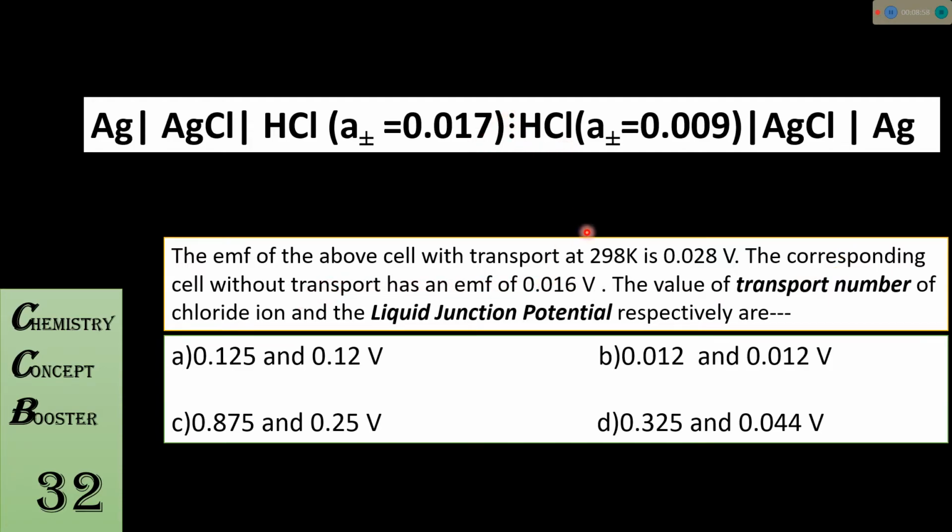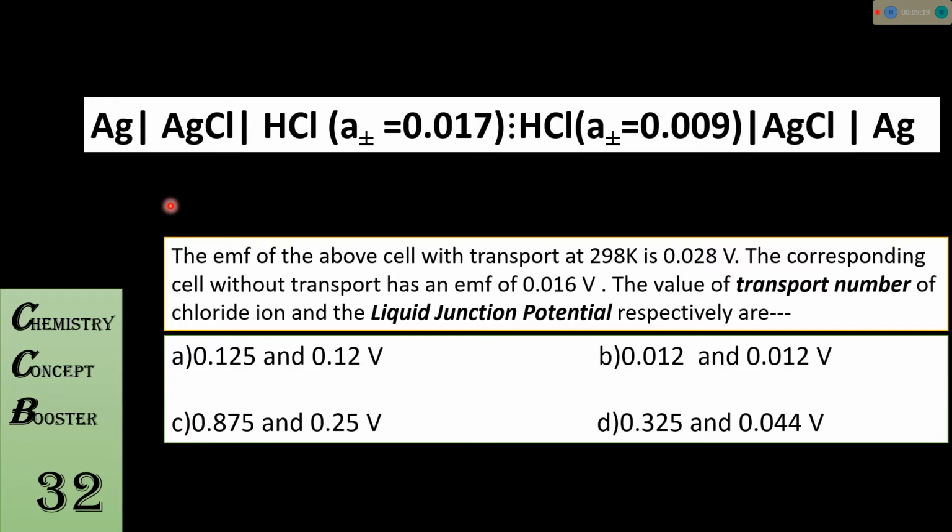With transport, the cell EMF is 0.028 volt. For the same cell without transport, they measured the EMF as 0.016 volt. Now we have to find the transport number of chloride ion and the liquid junction potential, respectively.